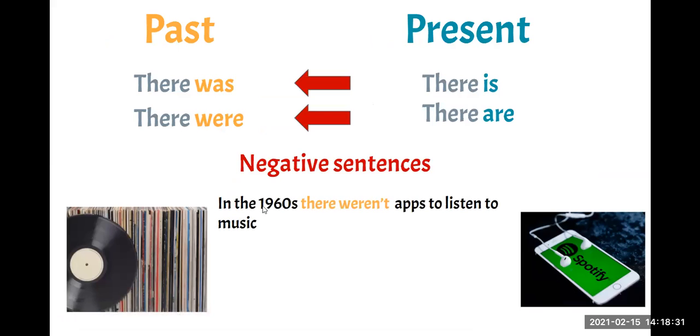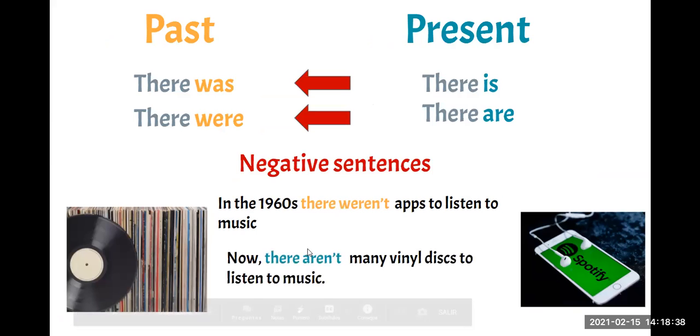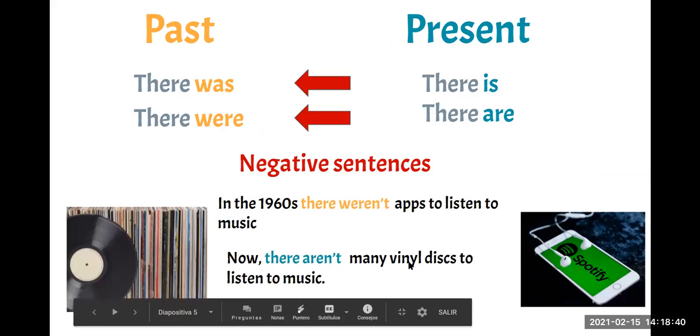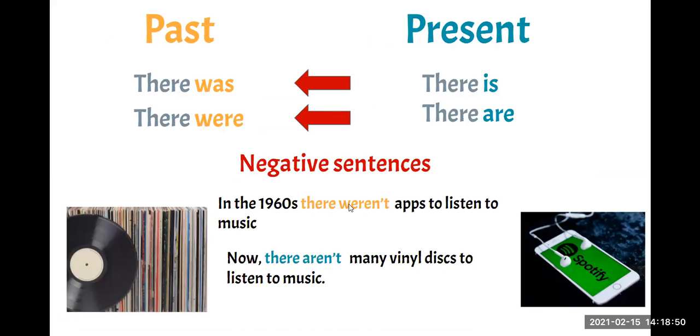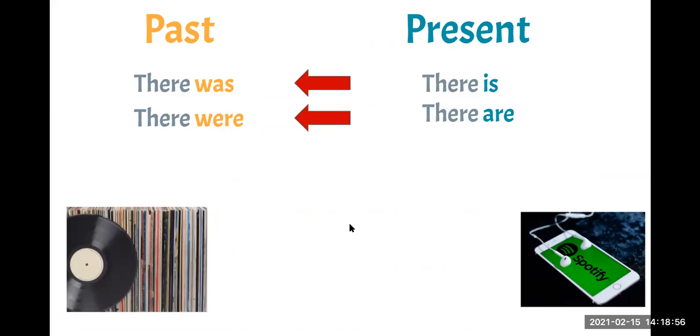In the 1960s, there weren't apps to listen to music, right? Very good. Now, there aren't many vinyl discs to listen to music. There aren't many, right? Okay, so this is there weren't in the past. No habían aplicaciones, ¿cierto?